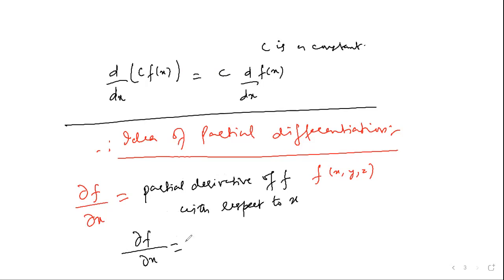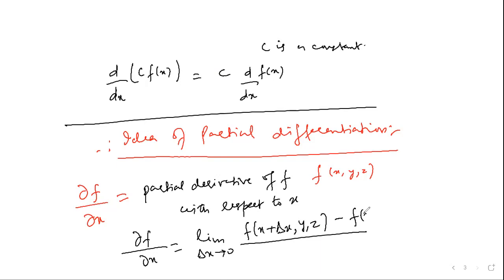It means the value of this limit: limit delta x tending to 0, f of x plus delta x comma y comma z minus f of x y z over delta x.